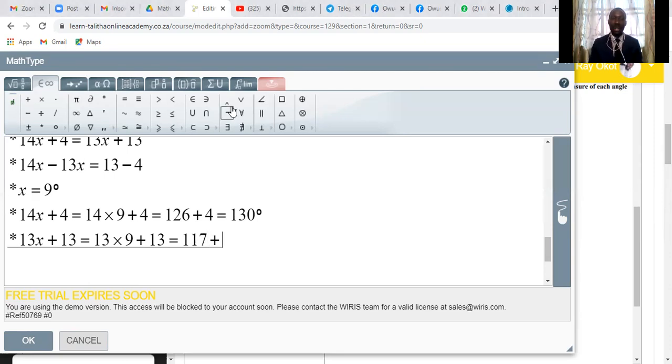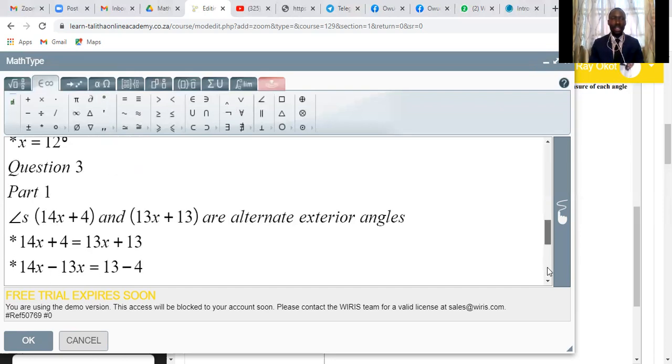Now, when we add 13 to 117, we still get 130 degrees. So that means this theory is true and it works. We now move on to question 3, part 2.